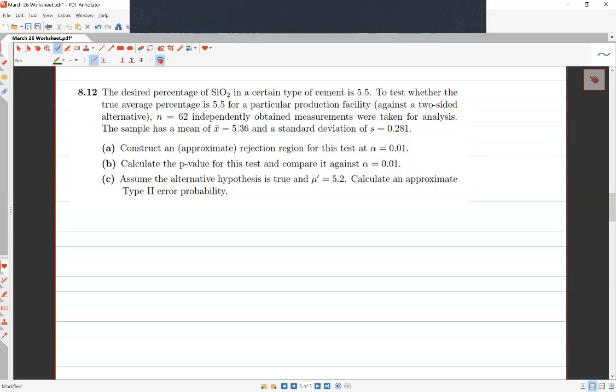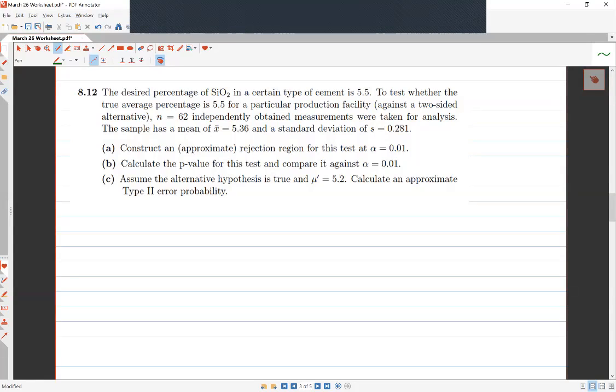Secondly, you want to check whether the variance is known or not if you have a normal distribution. And finally, you also want to check, if you do not have normality, if your sample size is large. Because even when you don't have normality, if your sample size is large, you will still be able to do an approximate calculation.